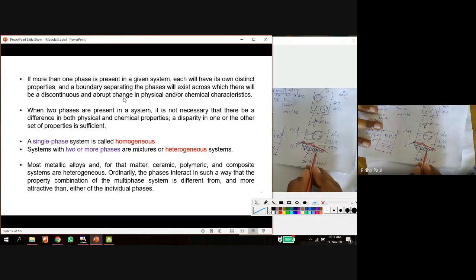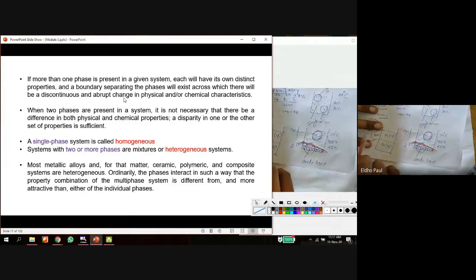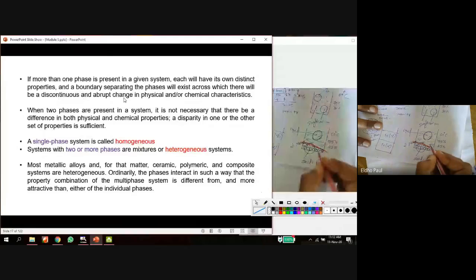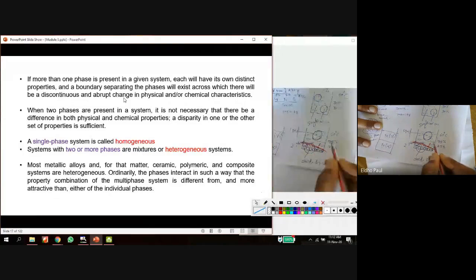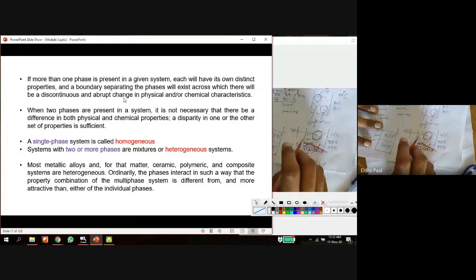And the properties in this bottom region, the segregated sugar region, will be different from that of this top region. Entirely different properties. And when we compare the property, when we draw a line, the property will suddenly change at this boundary. From the liquid solution property to the segregated sugar property, there will be a sudden change in the property.